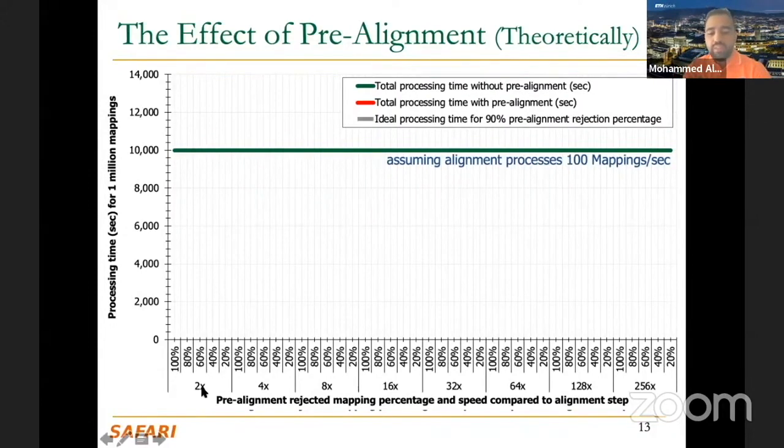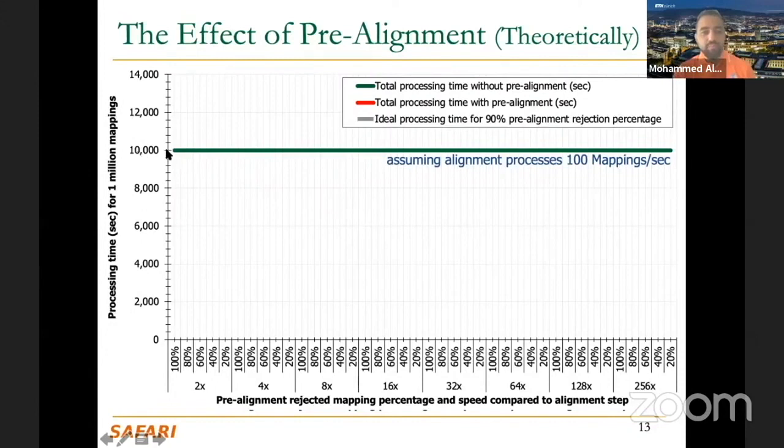The second row is the speed of the filtering compared to the sequence alignment. So the filter is 2x faster than the alignment, or 4x, or 8x, 16x, 32x, and so on. Now the green line, on the y-axis, is the processing time for 1 million mappings.